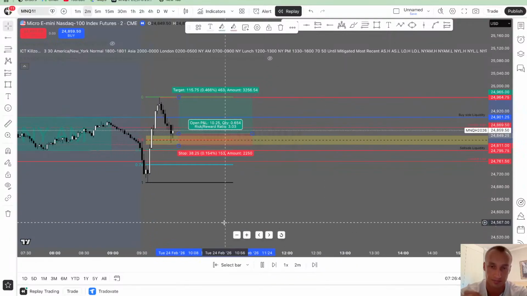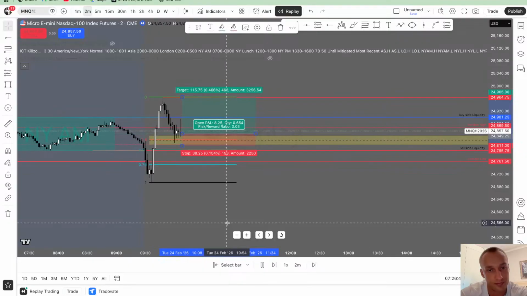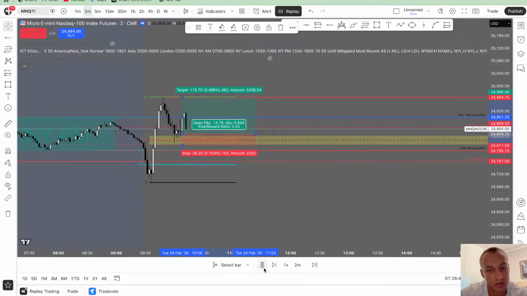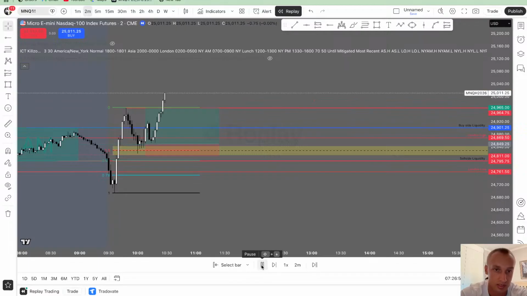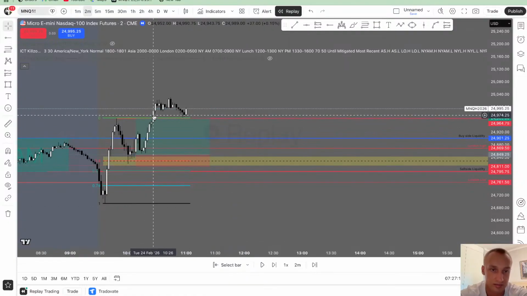So it takes out that swing high. Okay, takes out that swing high. So I'll take partials. See, that's still holding that midpoint, that fair value gap.